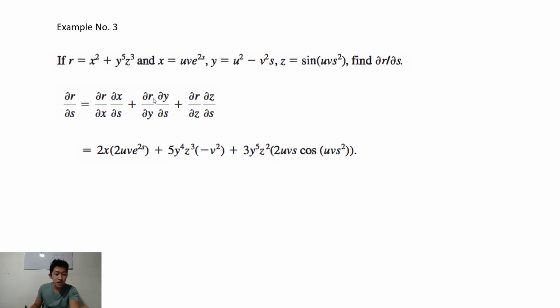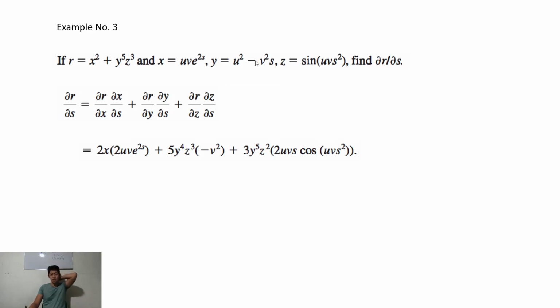Plus partial of r with respect to y. So, may maning 5 y to the 4th z cube. And then y with respect to s. Kani. So, negative 2v.